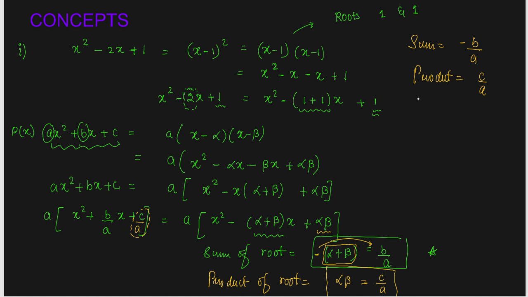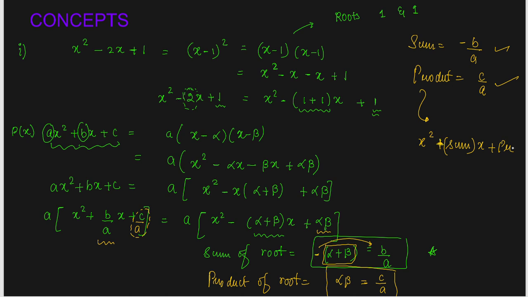isn't it? Now from this itself, if I ask you to make a quadratic equation when the sum and product are given, compare it with this again. What does a quadratic equation actually have? First it has an x square, after that it has the sum of roots, that is, negative of the sum of roots times x, plus the product of roots.